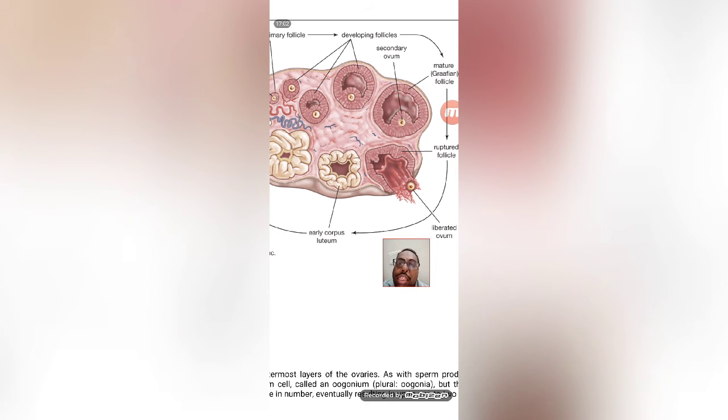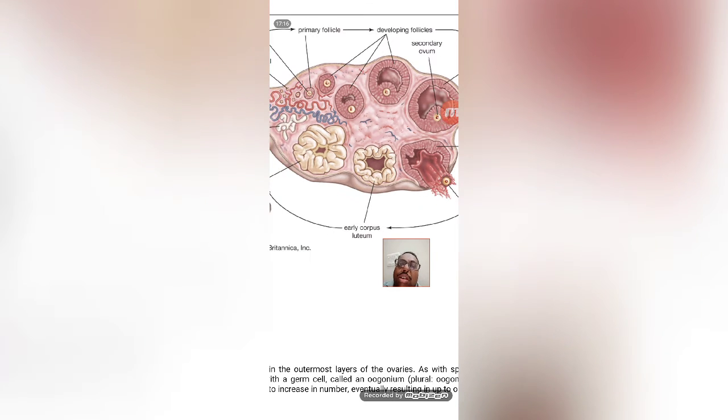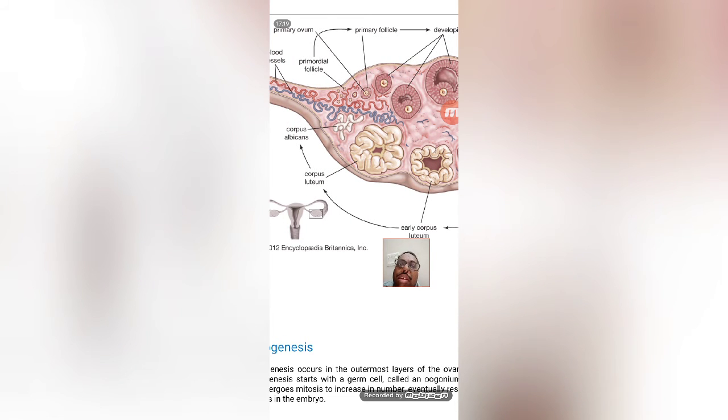It secretes progesterone, which in turn helps the uterus lining. And if fertilization has not taken place, this corpus luteum will become a scar on the ovary, and that scar is known as the corpus albicans.